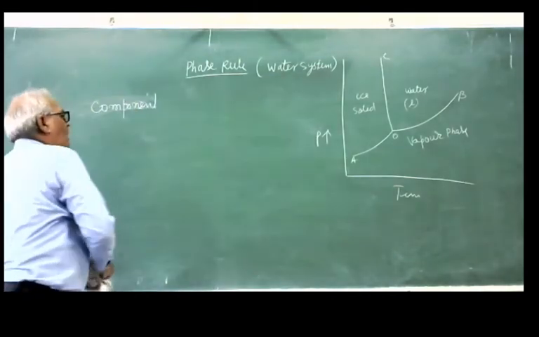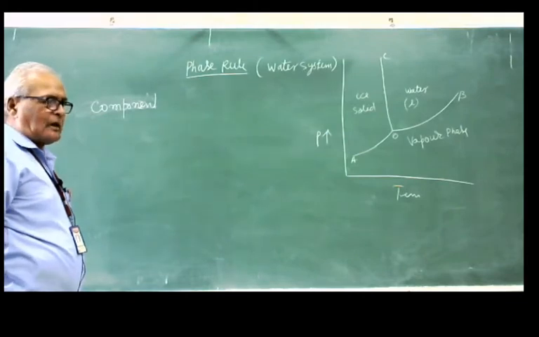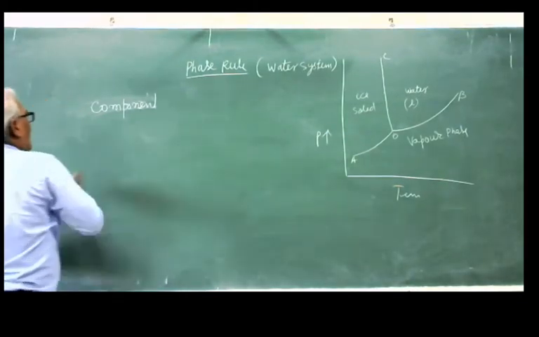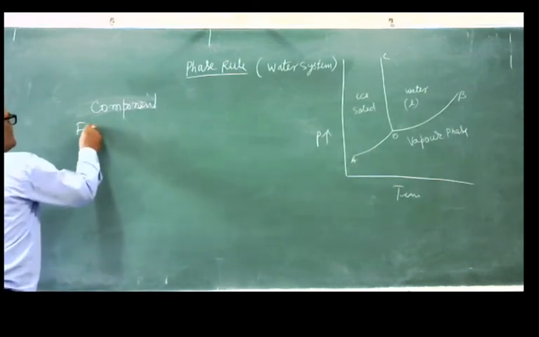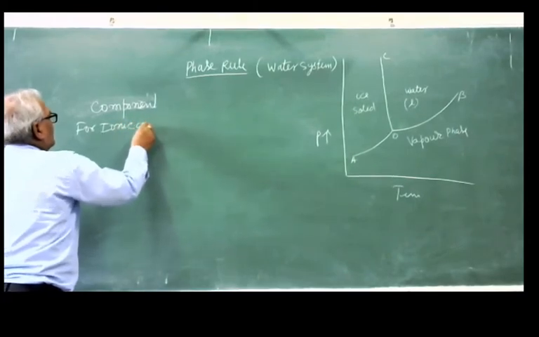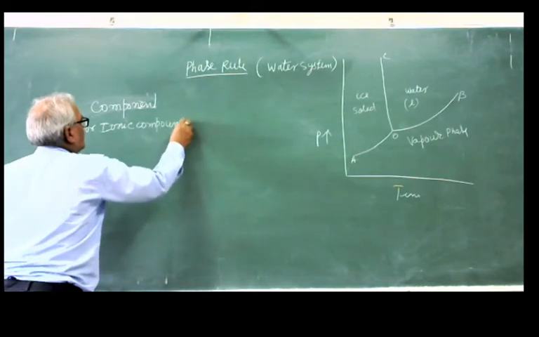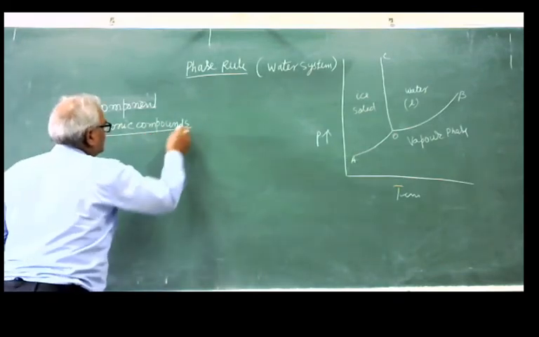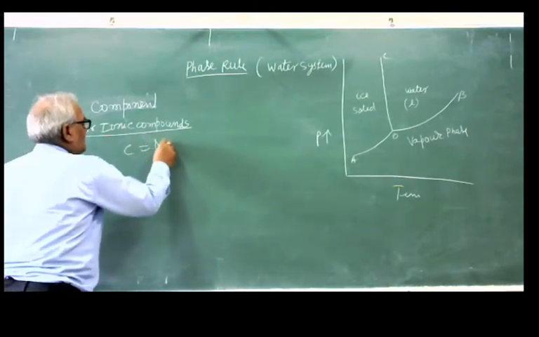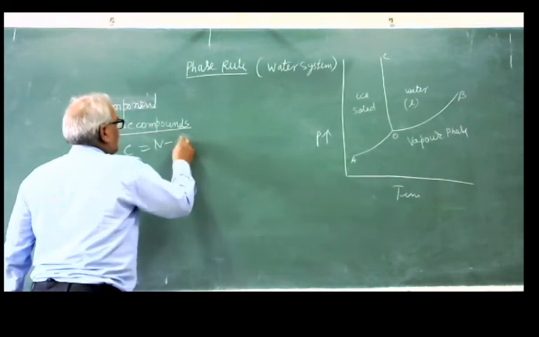In case of ionic compounds, it will be like this. For ionic compound, C is equal to N minus R minus E plus 1.